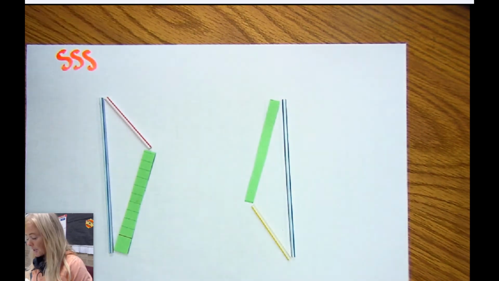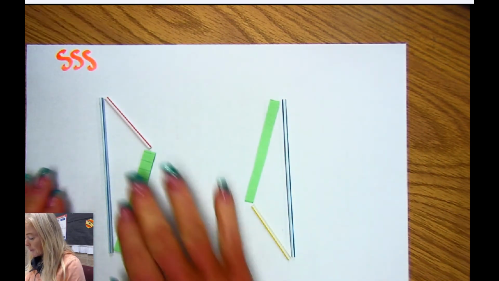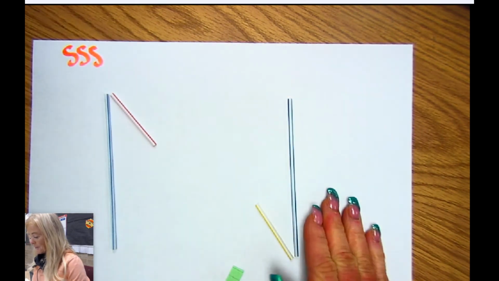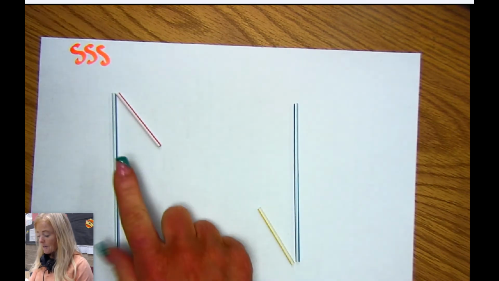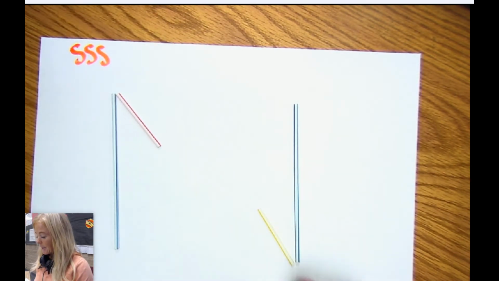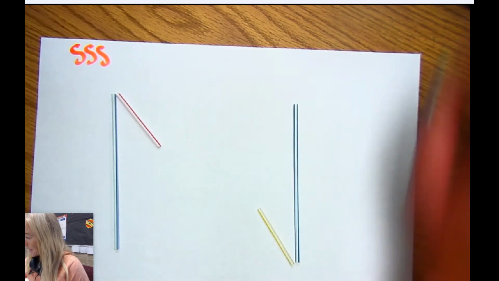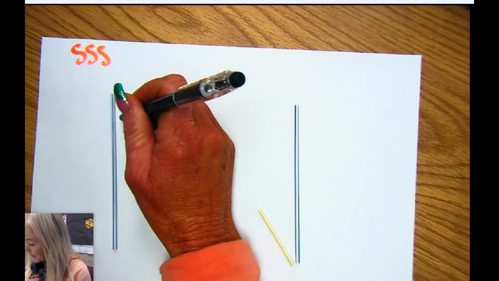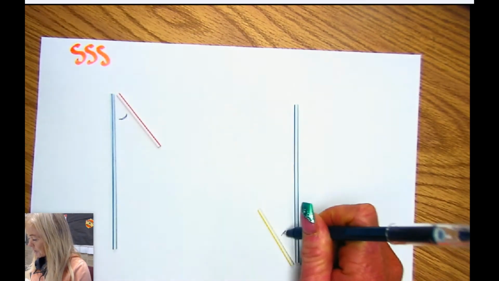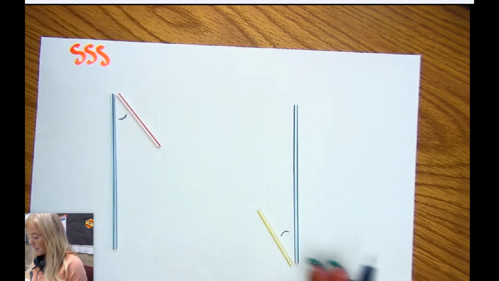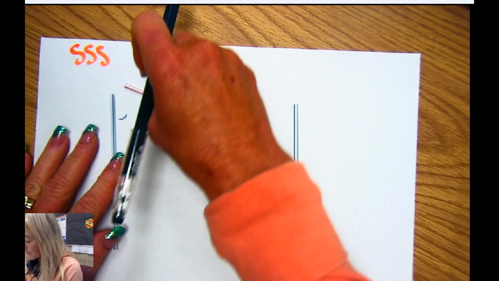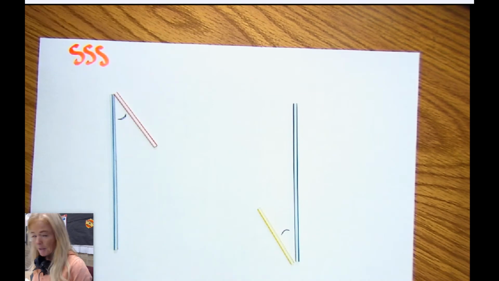All right, so the next one, what happens if I get rid of this part and I have a side, an angle, and a side the same as a side, angle, side? So this angle right here is going to be the same measure as this angle. So I can only set this up so that I have that same exact angle.